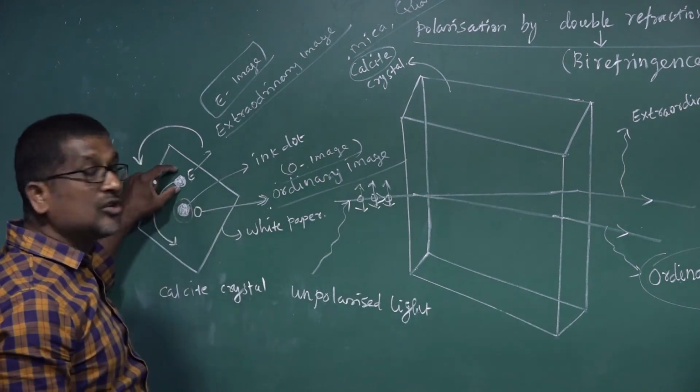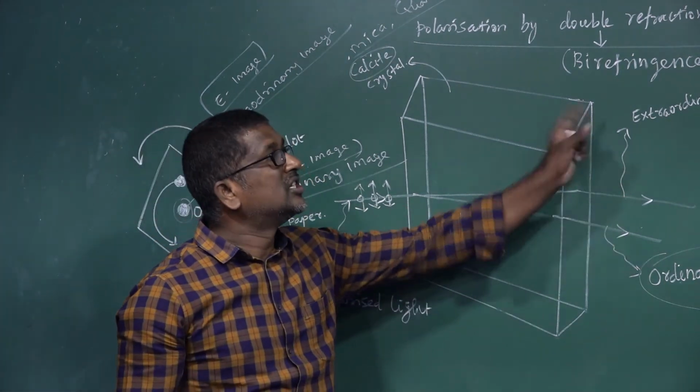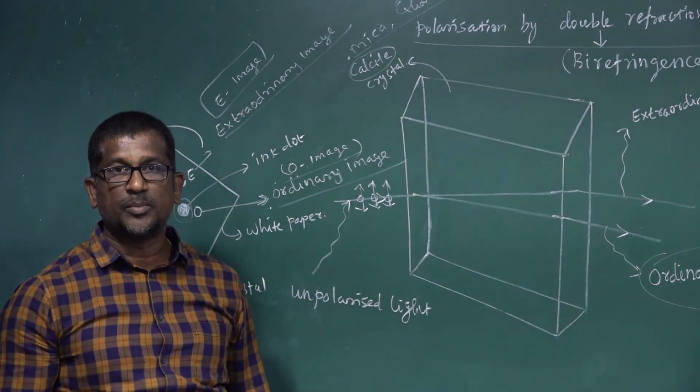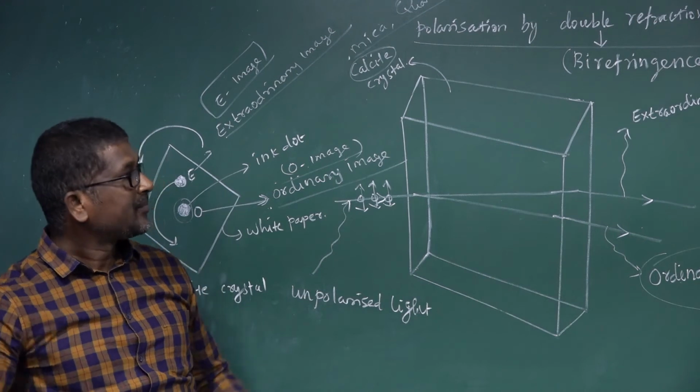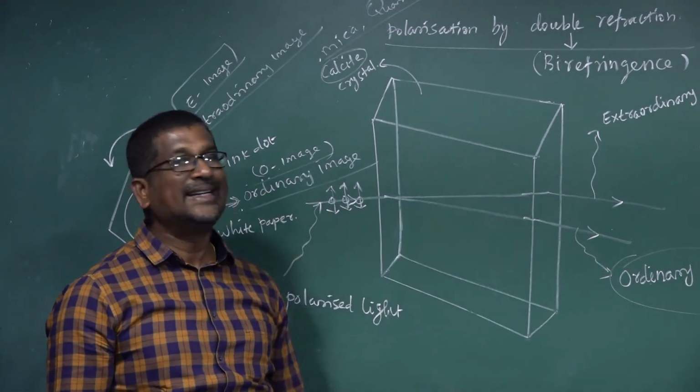The other is called the extraordinary image, produced by the extraordinary ray, which does not obey the laws of refraction. Now we go on to distinguish between the ordinary ray and the extraordinary ray.